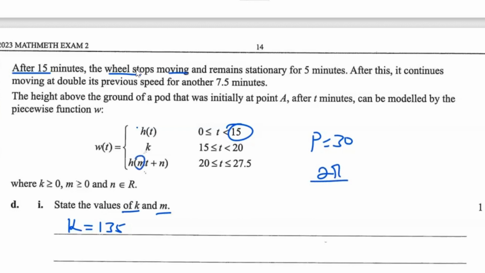So this is a dilation factor, so that means pm equals half of p, since when the speed is double, the period is halved. So that means 15, and we know that p was pi over 15, so m equals 2 pi over 15 goes, pi goes, so m must be 2.